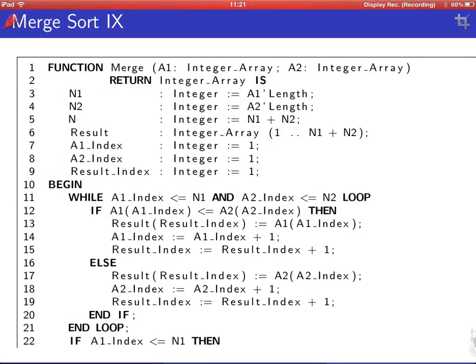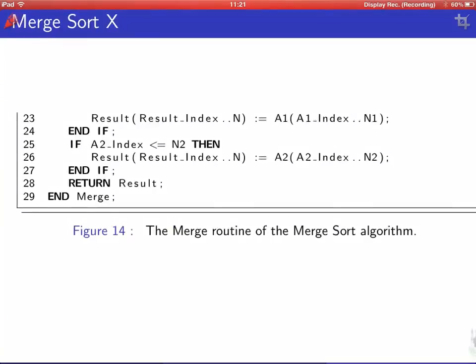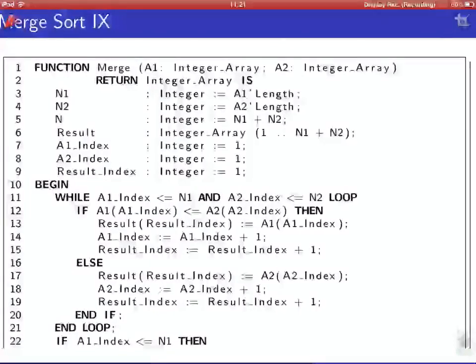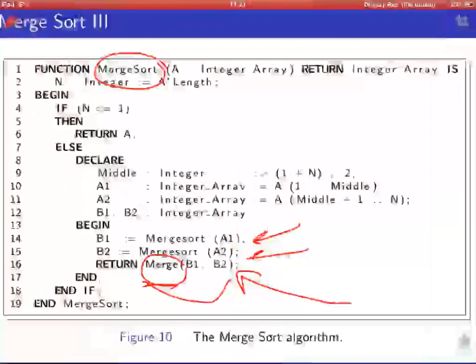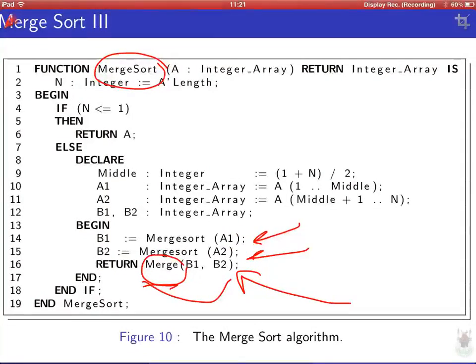This is the thing that I explained when I drew the dividing of the sequence and the merging of the sequence, when I said that each stage has got big O of n work, and this is what I said in the previous slide.